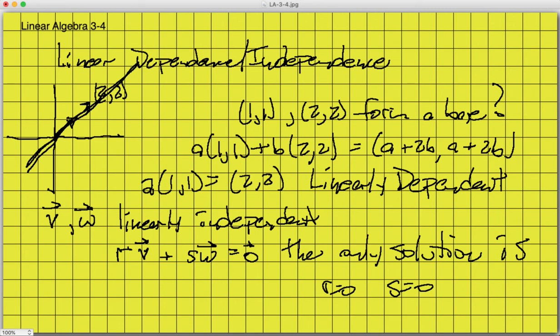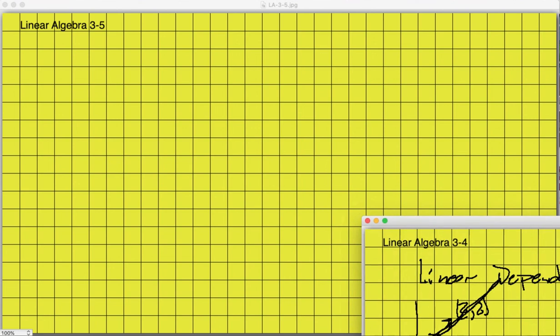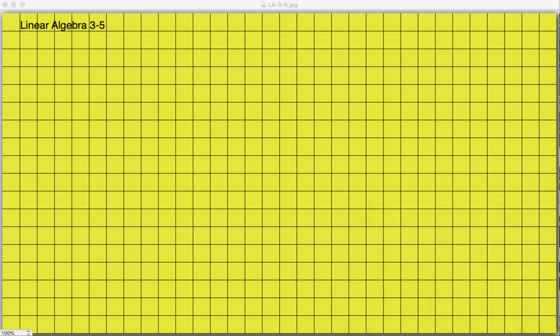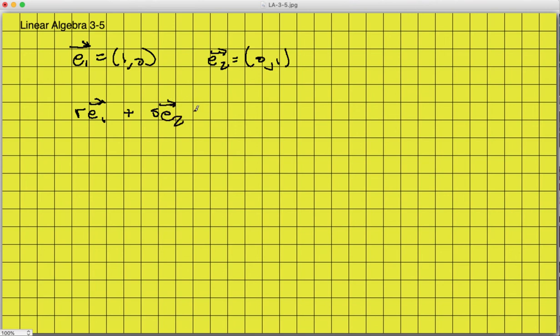So I want you to think about that for a second, and let's come over here and consider the following. Suppose I were to look at e1, which is equal to (1, 0), and let's look at e2, which is equal to (0, 1). And let's ask the following. Suppose I had r times e1 plus s times e2, and suppose I told you that that's equal to the 0 vector.